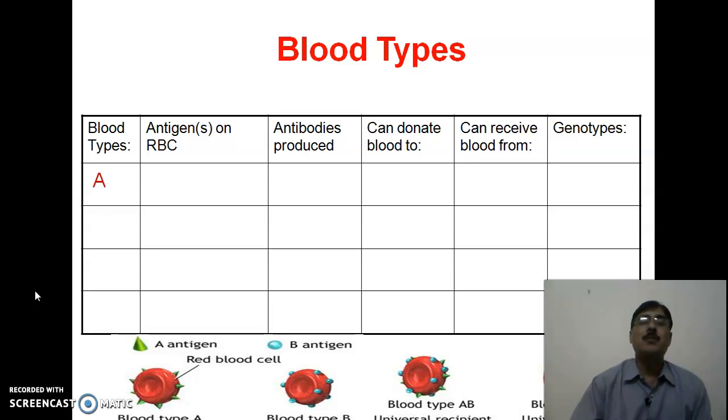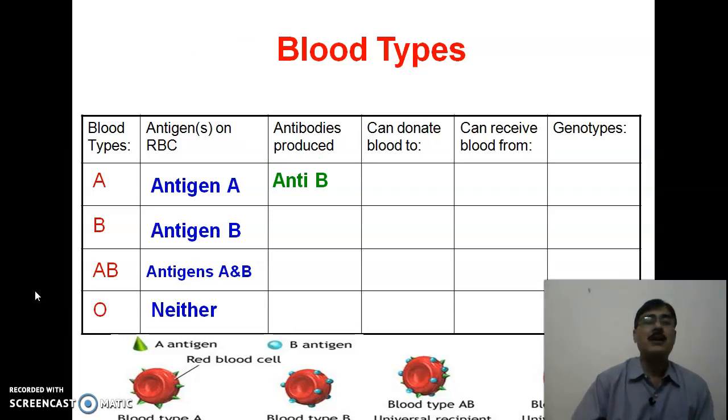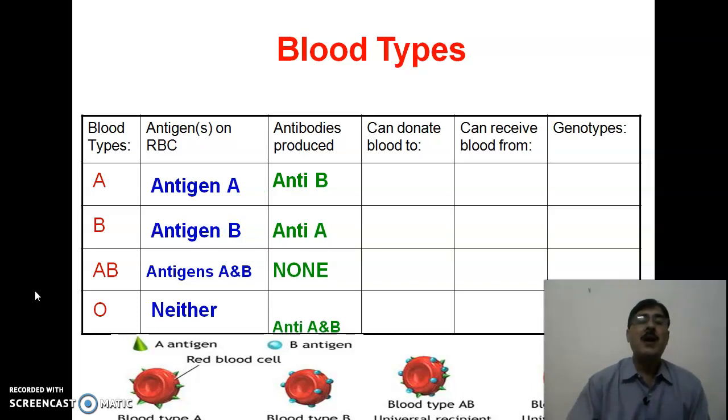The first is blood group type A, the second is type B, the third is AB, and the fourth is O. There is antigen A in blood group A, antigen B in blood group B, both antigens in blood group AB, and neither A nor B in blood group O. As far as the antisera or antibodies are concerned, antisera B is in blood group A, antisera A in blood group B, none in blood group AB, and both antisera A and B are present in blood group O.